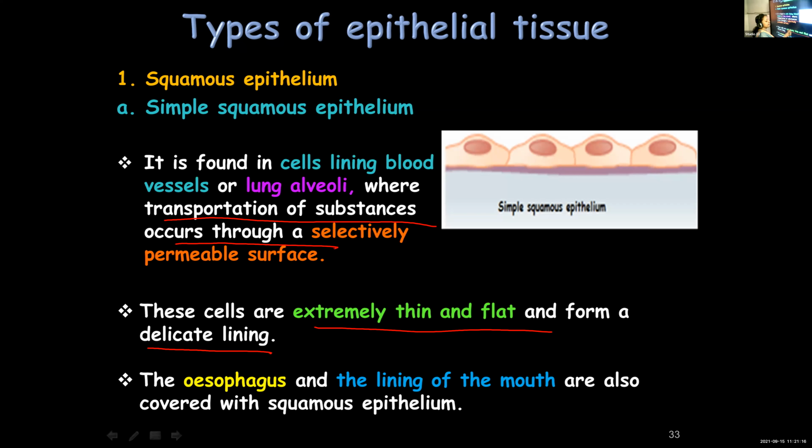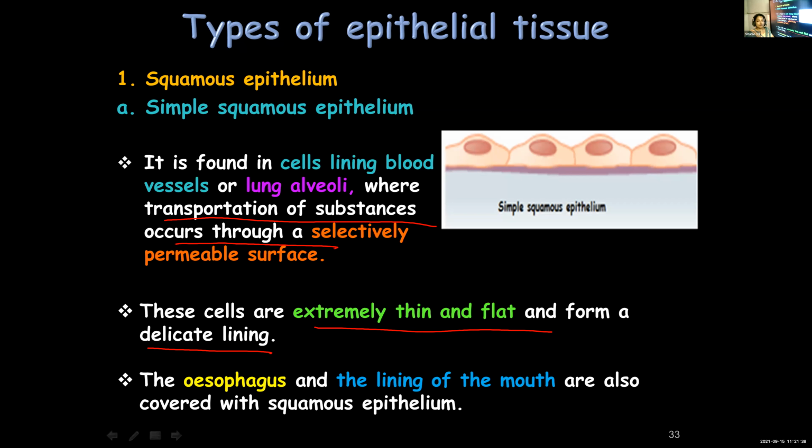But if this is very thick and very hard, will it facilitate the movement of materials? No. Only when it is thin and flat and delicate, materials or gases can get easily exchanged across this epithelial tissue. And we can find squamous epithelium even in the esophagus.